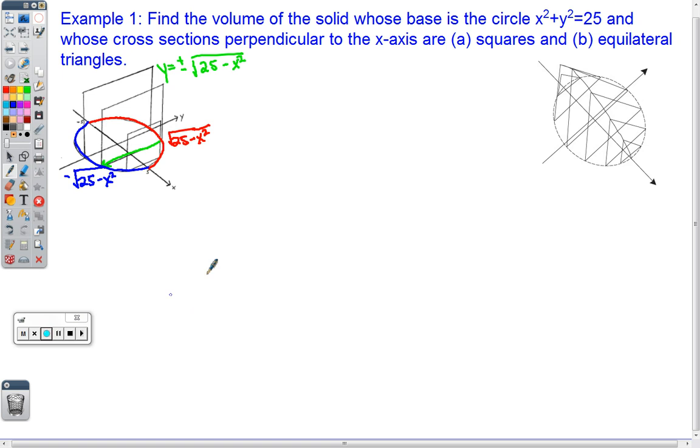Then this green arrow is traveling from the positive square root to the negative square root.